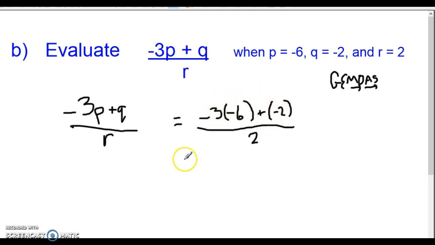The first thing I would do is -3 times -6, and a negative times a negative would give me a positive 18, plus -2 all over 2. 18 plus -2 would give me 16 over 2, which would give me 16 divided by 2, which is 8.